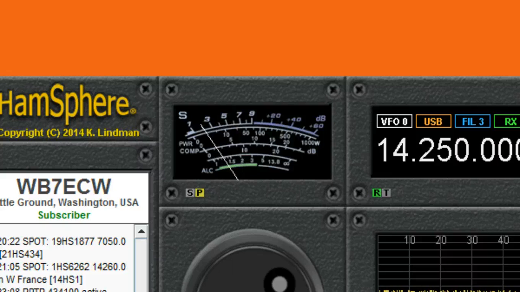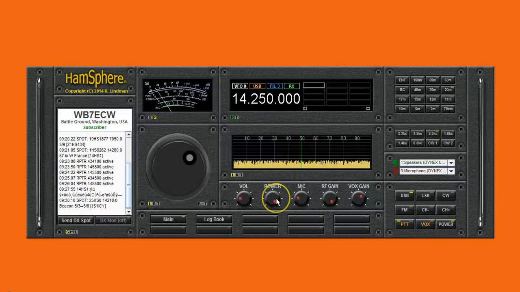So now when I key up here, do you see the needle went right here to 100? That's because I have my power turned up all the way. Now if I do that, that means I can't see the needle moving for my mic level.